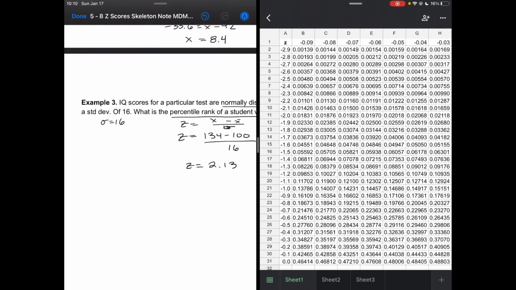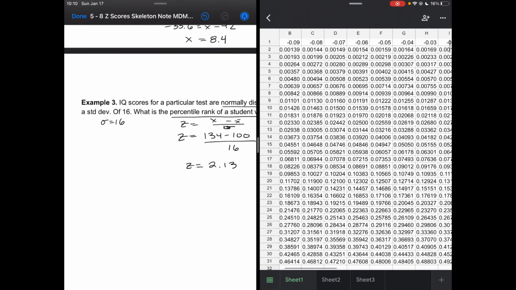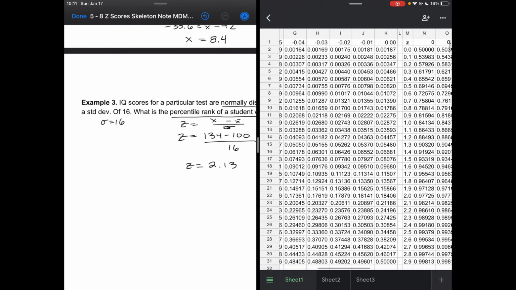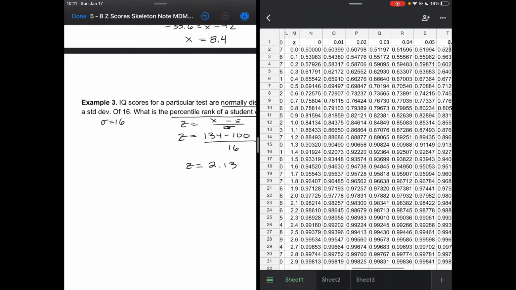Now that we have the z-score of 2.13, we're going to use our z-score table to figure out what percentage that represents. So we've got 2.13, so we need to scroll over. The middle here gives us our positive z values. We're going to go down to 2.1, and then we go over in columns until we get to 0.03.